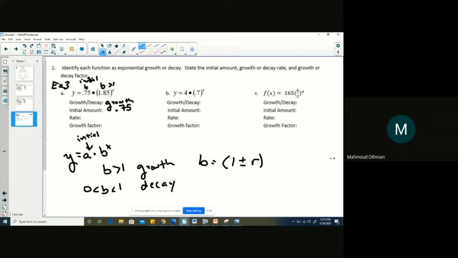So my rate is my R value. And since I have a growth function, it's going to be 1 plus R. So for here, it's going to be 1 plus 0.85. So my rate is 0.85. And my growth factor is the entire thing, which would be 1.85.